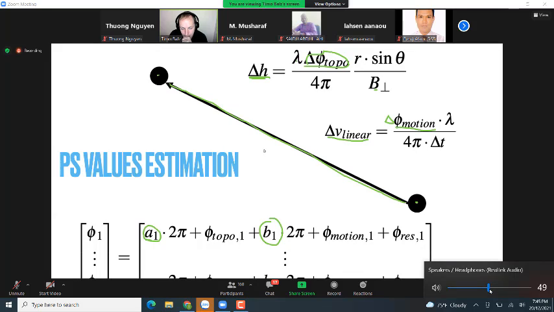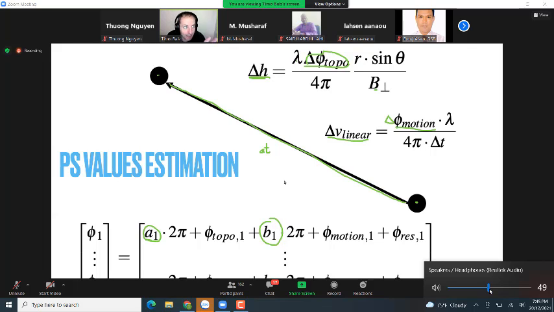But there is also the atmosphere. We did not estimate that. Before, we had the equations of topography and velocity, and we said another phase component would be the atmosphere. We ignore the noise. The flat Earth we have removed from the differential interferograms already. So the missing part is the atmosphere.